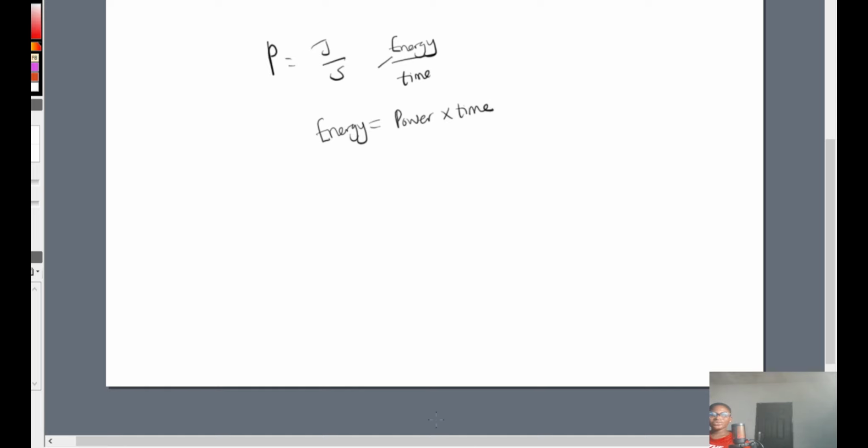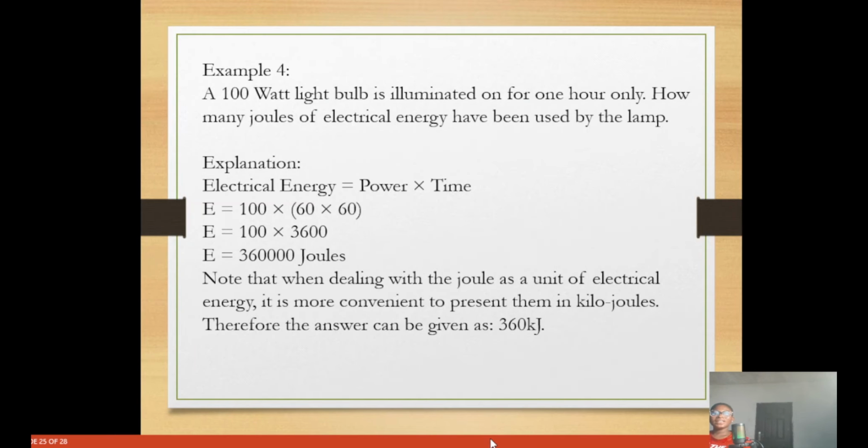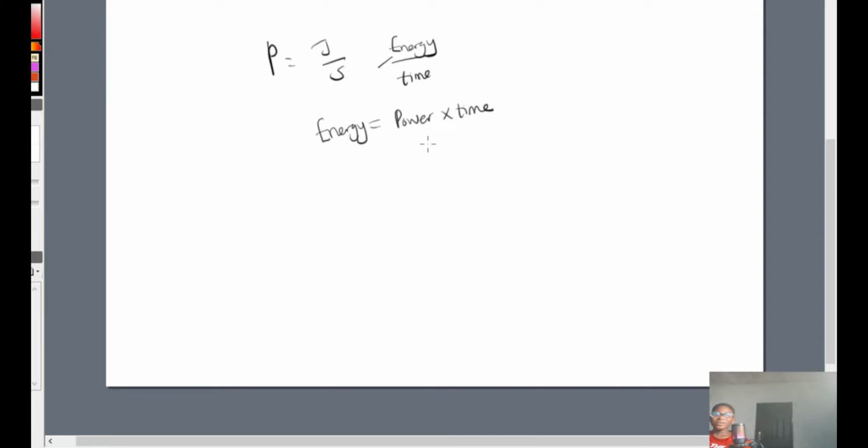So let's look at the question now. The question is saying a 100-watt bulb is illuminated for 1 hour only. How many joules? Anytime you hear joules, they are talking about energy, electrical energy, used by the lamp. So since it's illuminated for 1 hour, we know we have to convert the 1 hour to seconds. So we're going to have it as power. What is our power?